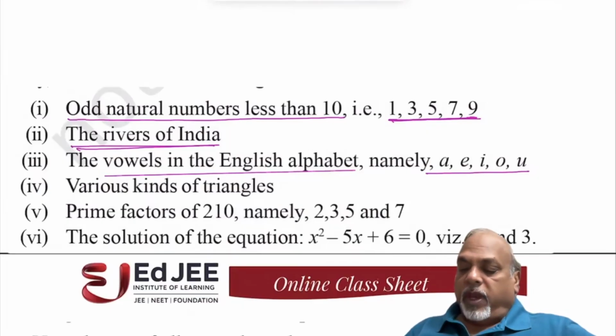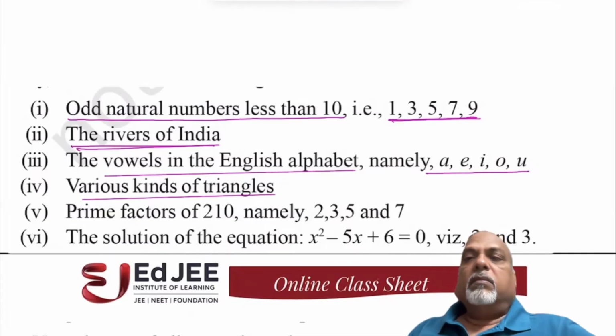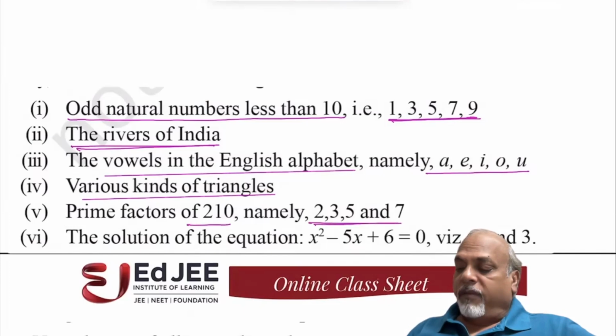So this can also be various kinds of triangles. Then prime factors of 210. These are the prime factors of 210. No other prime factor can be there. So they are also a particular kind of collection, or you can say solution of this equation.